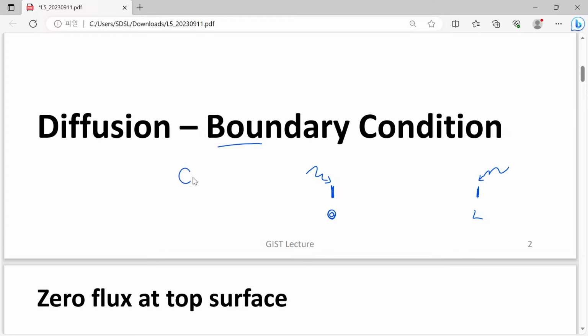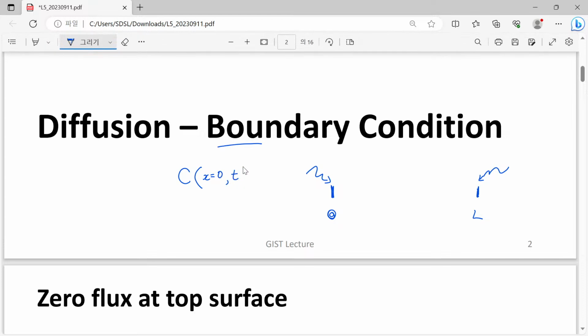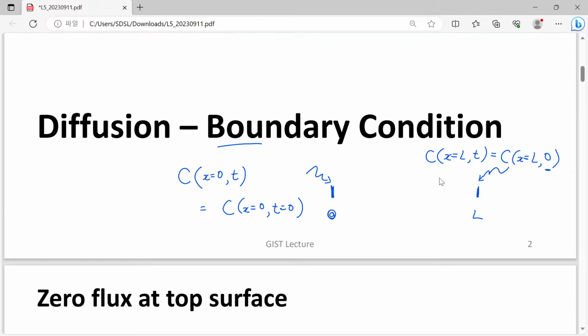I mean that C at x equal to 0 at any time t is equal to C at x equal to 0 at the initial time instance. You have also thought about the right boundary. Still we have the same value as at time equal to 0, the initial one.